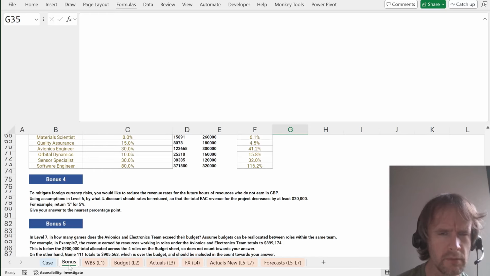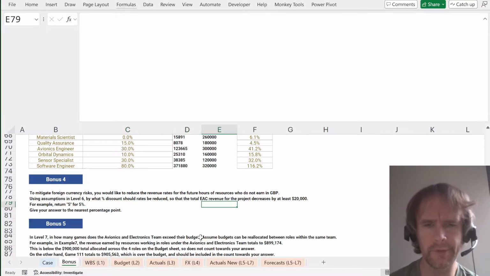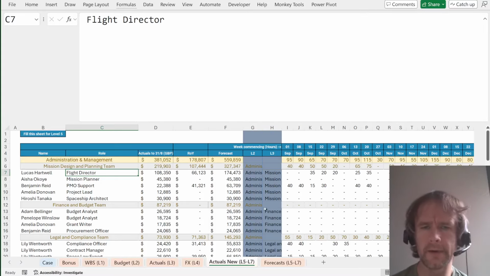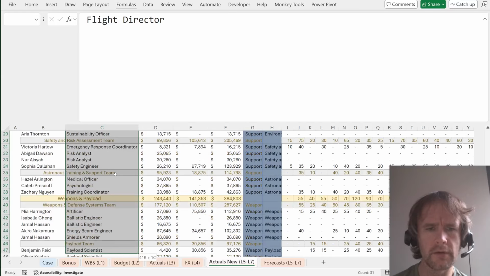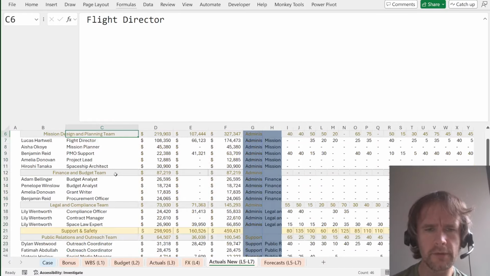So, reduce the revenue rates for the future hours. Assumptions at level 6. What percent discount should rates be reduced so the total EAC revenue... Okay. So I guess I want to know which of these are.